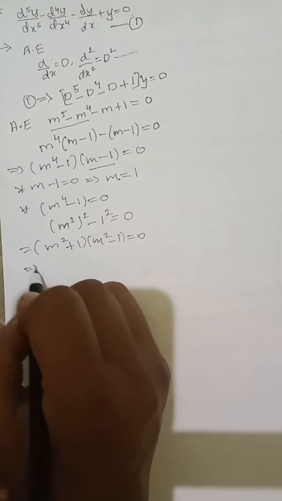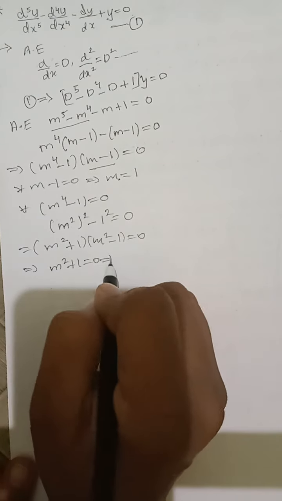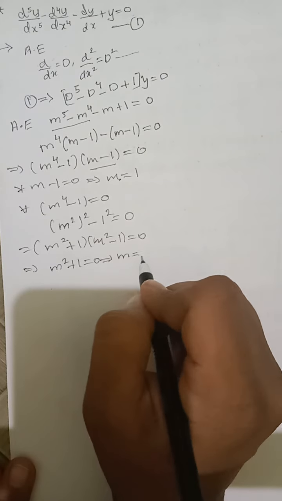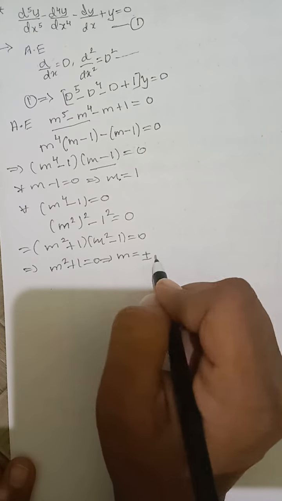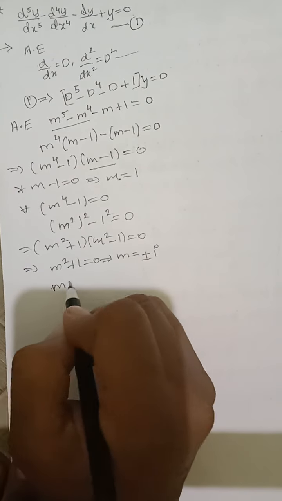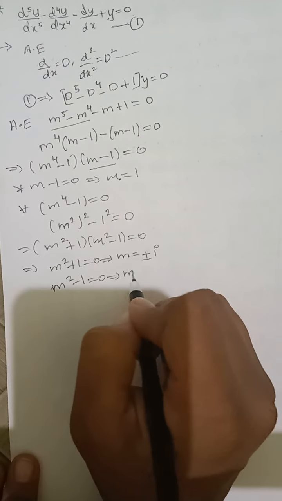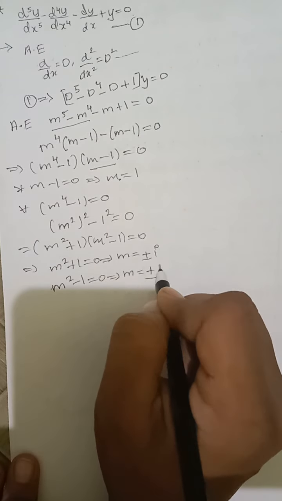Now m square plus 1 equals 0 will give you the roots m equals plus or minus i. Then m square minus 1 equals 0 will give you the roots m equals plus or minus 1.